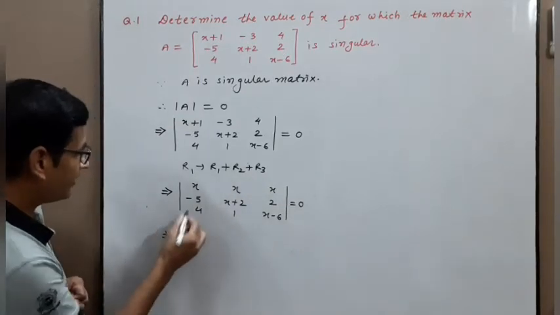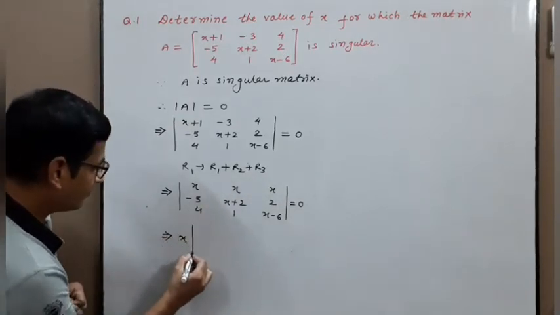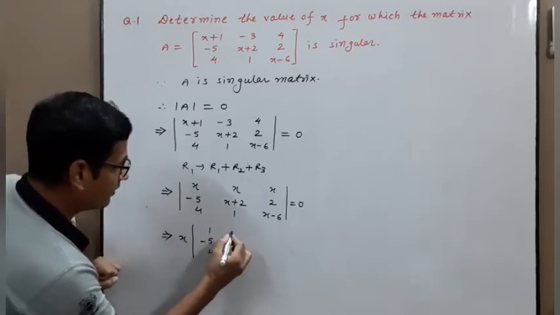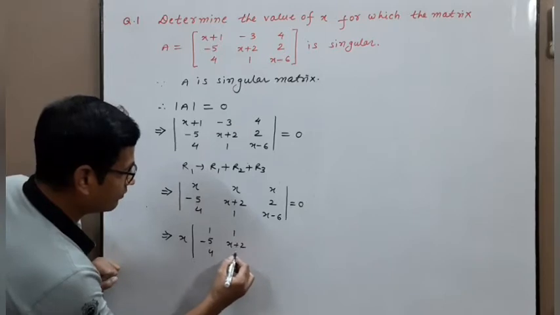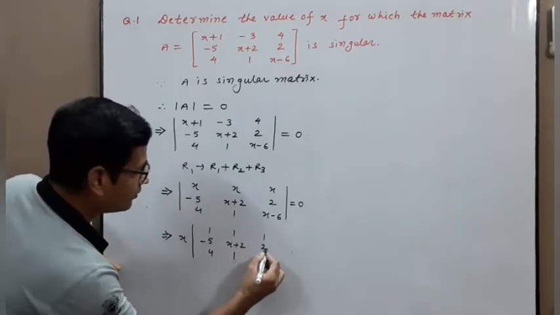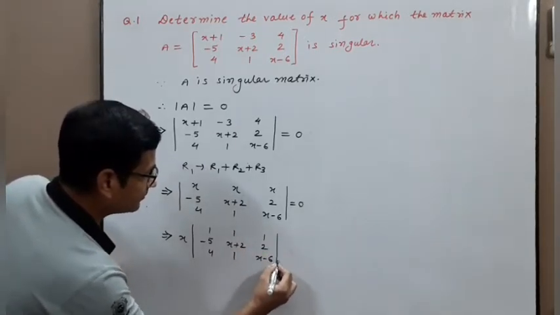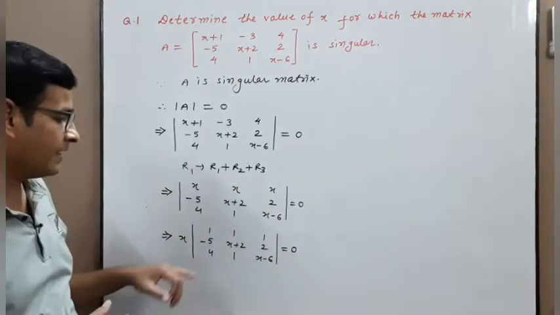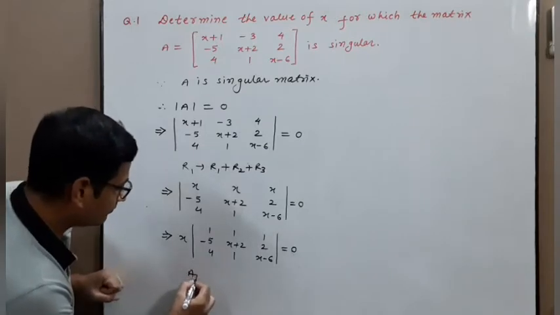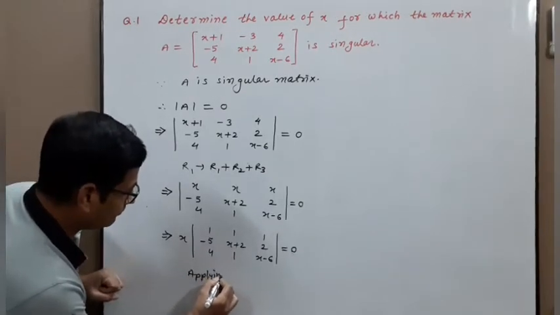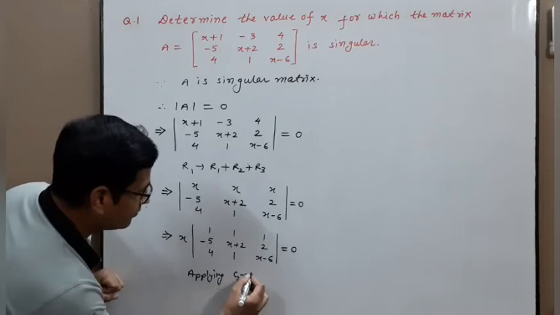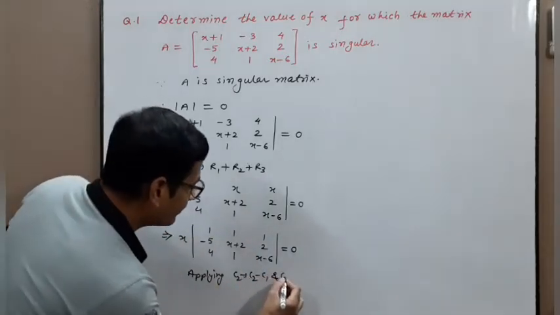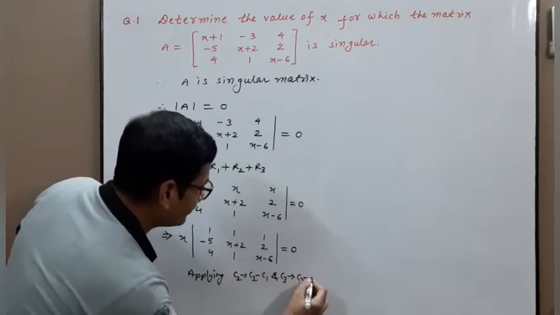Next step, taking common x from R1, so 1, 1, 1; minus 3, x plus 2, 1; 4, 2, x minus 6. Now there are 3 ones in row 1, so applying C2 tends to C2 minus C1 and C3 tends to C3 minus C1.